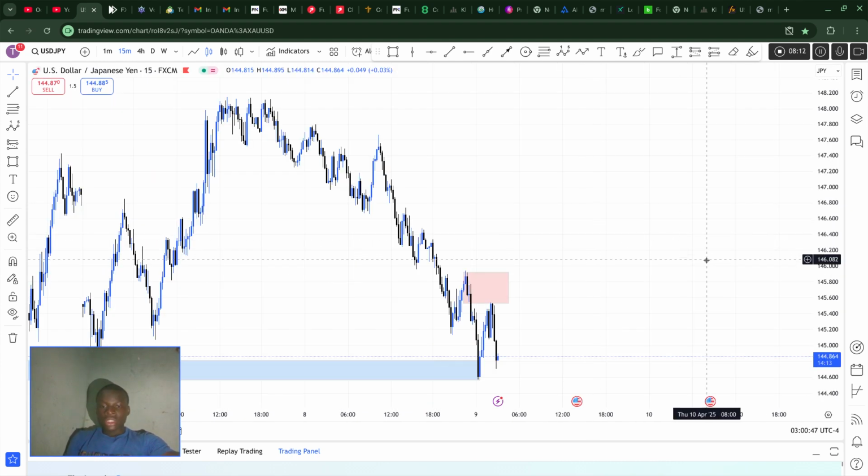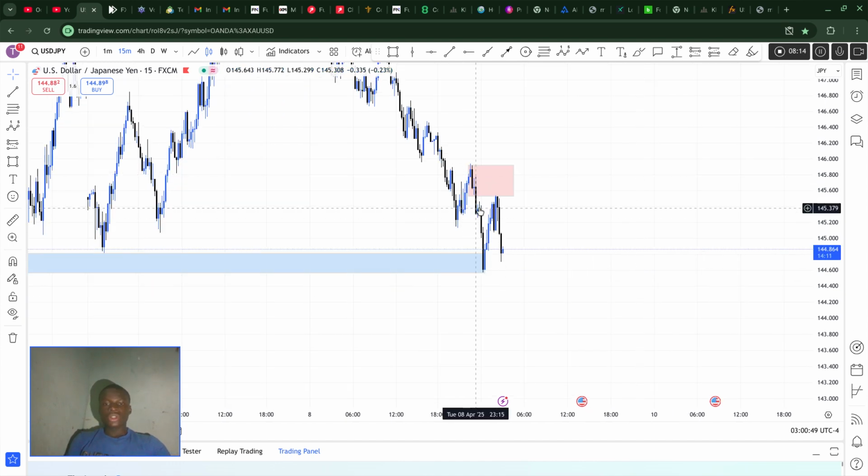So yes, JPY is gone already. The entry is gone. So we have to take entry from this point here.